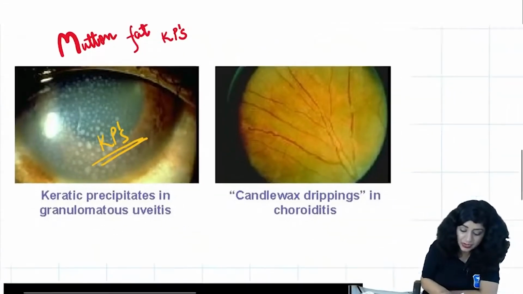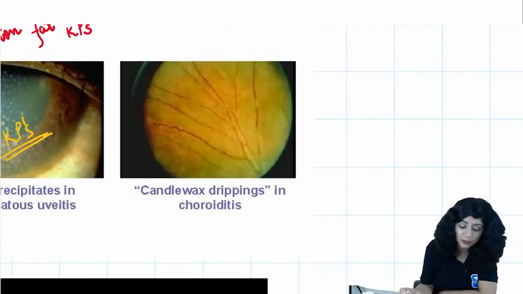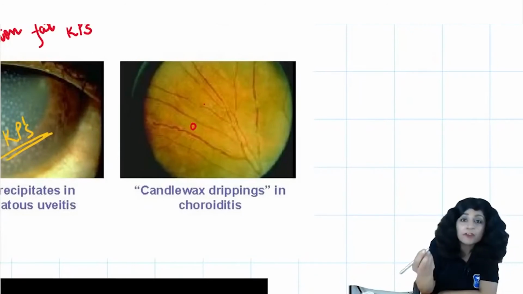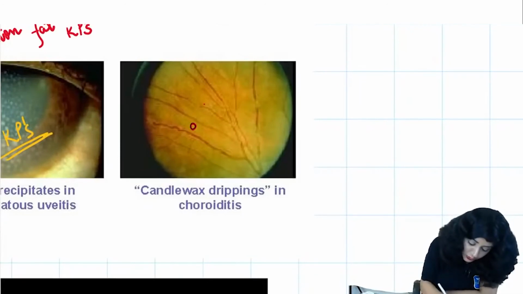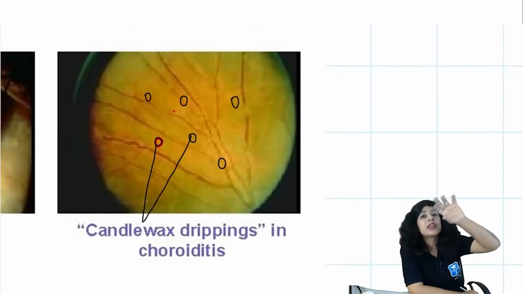And a very typical finding that you get in the fundus is your candle wax droppings. So what are candle wax droppings? Because you are having the exudation. Is it visible? I will draw with black. So you are getting these exudates in the fundus cavity. These are your candle wax droppings that you are getting in the fundus because we have vasculitis.